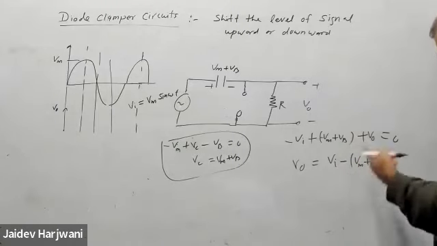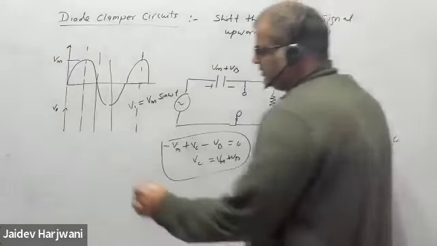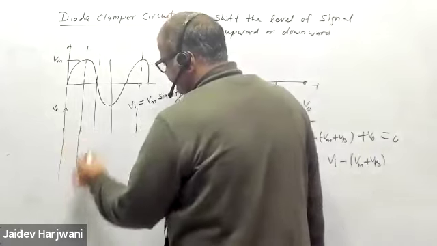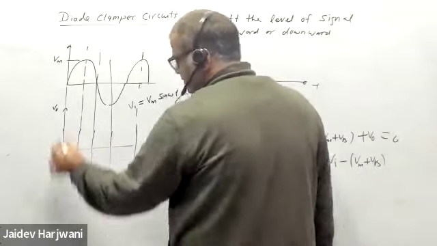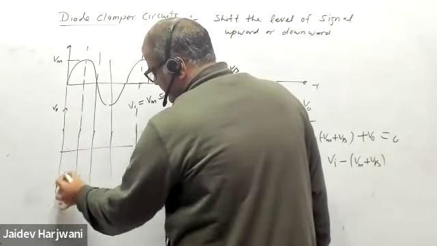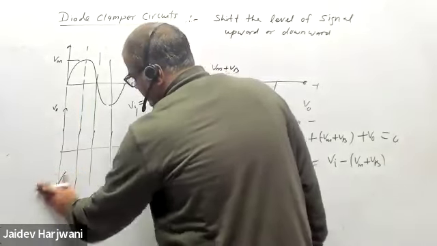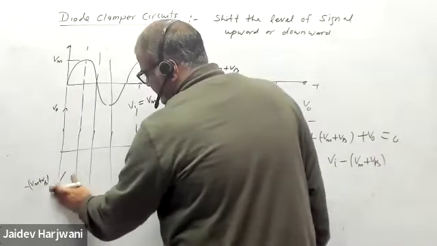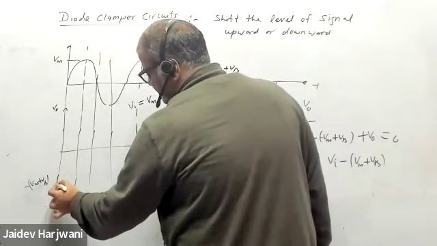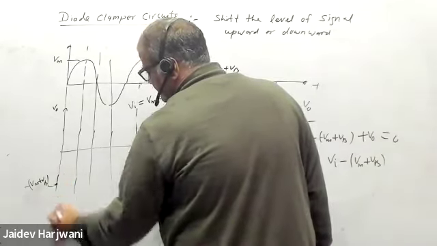Again, put the values here. Okay. So when it is 0, this is your minus Vm plus VB, slightly greater than this one. This is this one. Okay.